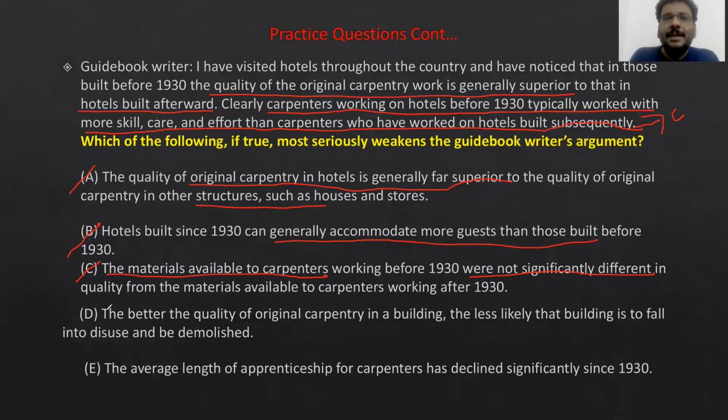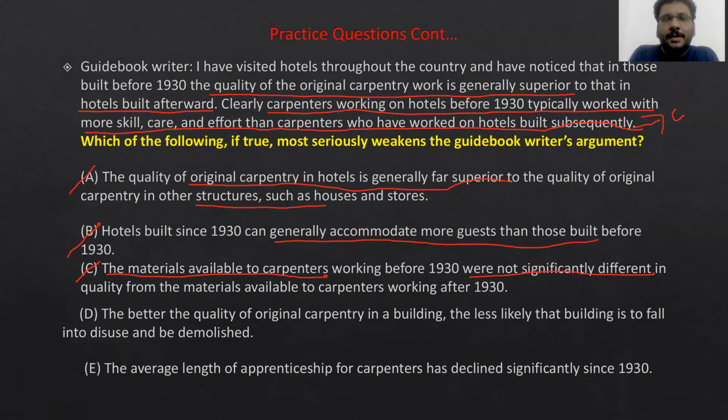So essentially, when you look at the argument, the entire argument falls apart here, because here the author talks about carpentry of those hotels which are still present. So what about those hotels which are not present, right? So we don't know anything about it.